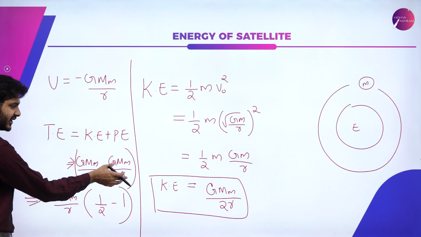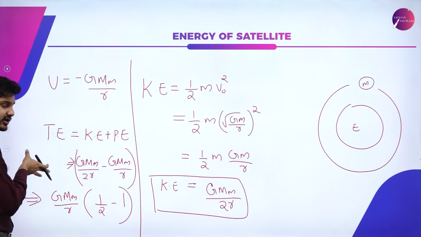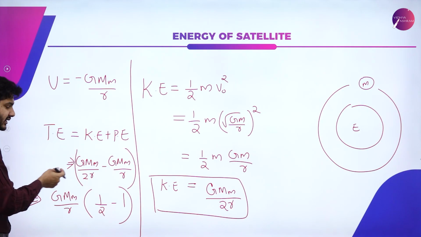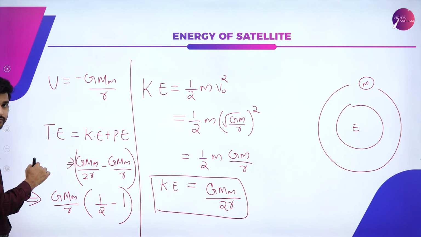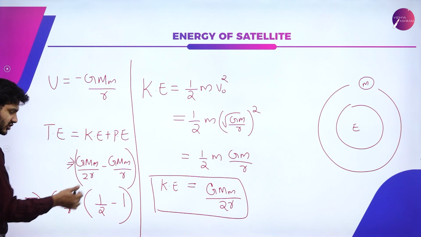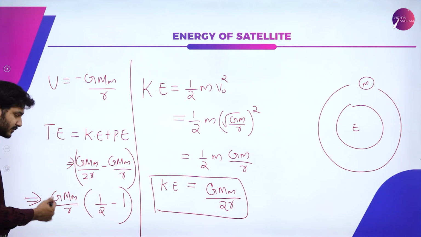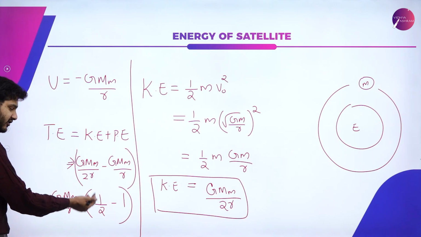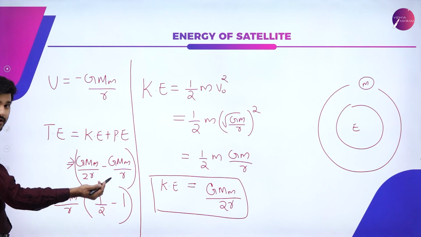If I take GMm by r outside, I will get 1 by 2 because there is a 1 by 2 here. So 1 by 2 minus 1 is simply minus 1 by 2, right? If you have half and you subtract 1 from that, you will get minus half.